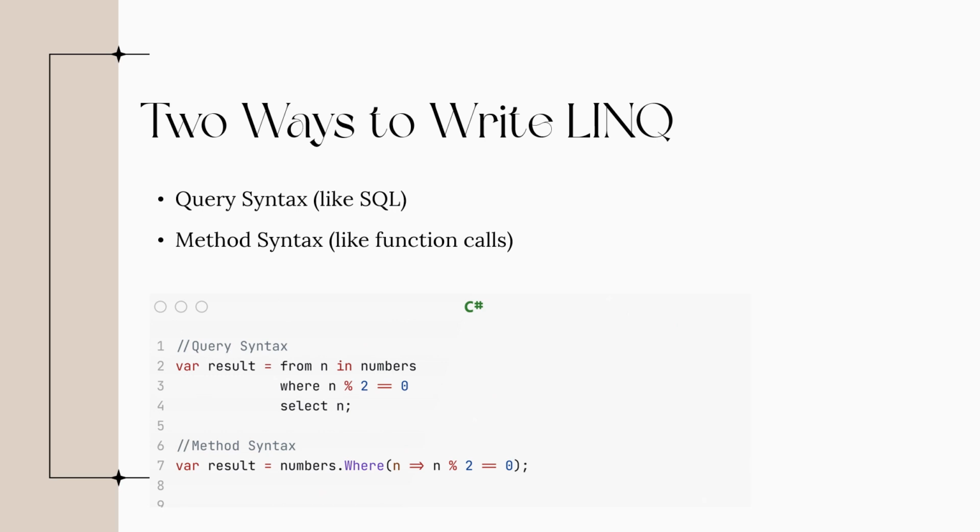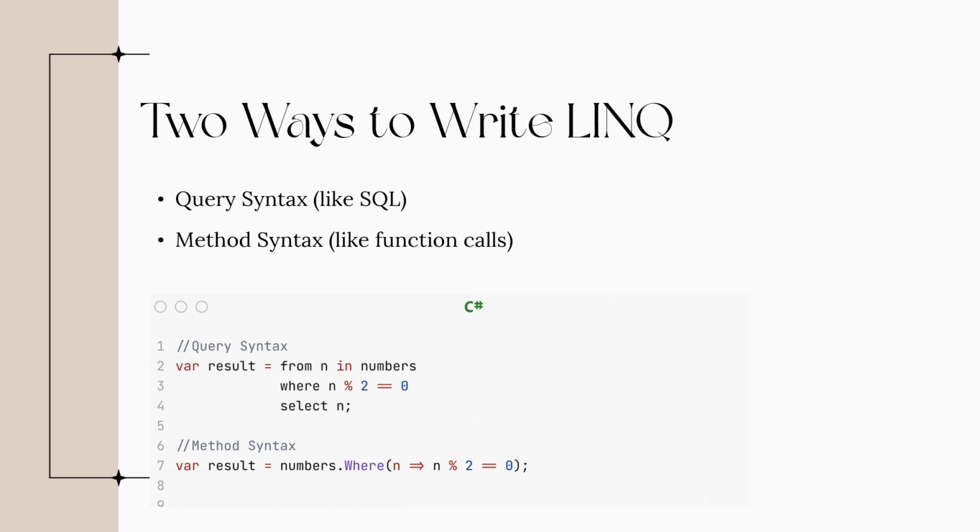And another one is SQL queries in strings might contain errors that we won't notice until we run the program. But LINQ is checked at compile time, which helps catch mistakes earlier. And another one is since LINQ is part of C#, we don't need to mix SQL inside our C# code. And everything stays clean and readable.